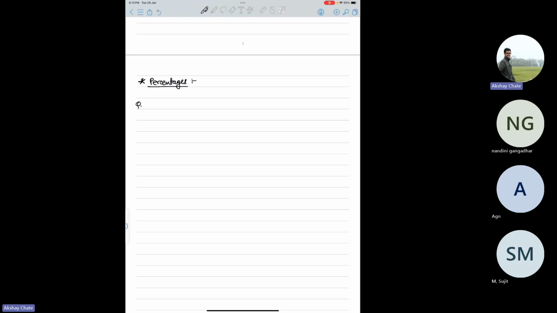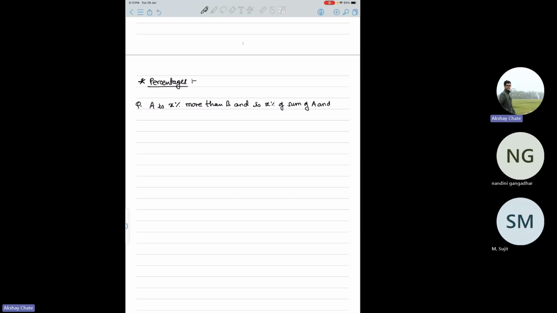if A is X% more than B, and B is X% of the sum of A and B, then what is the value of X?